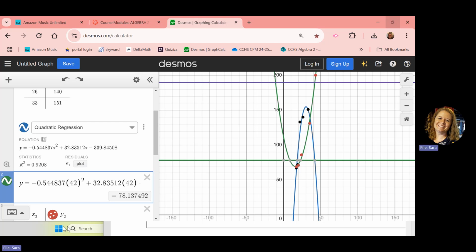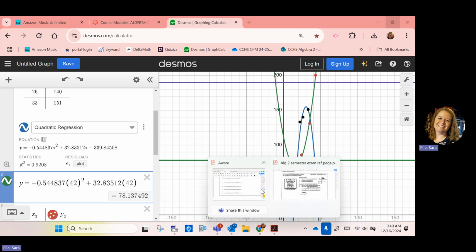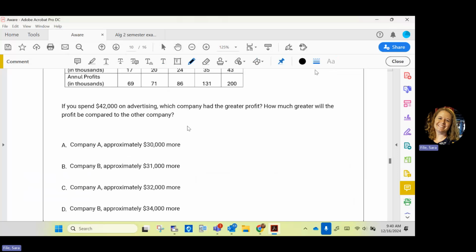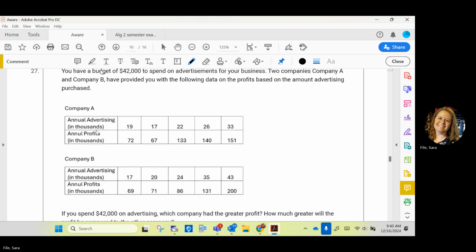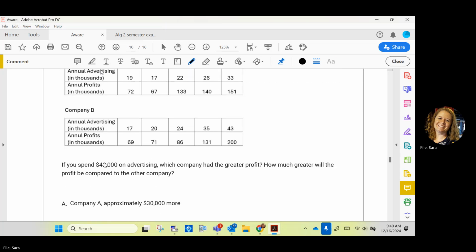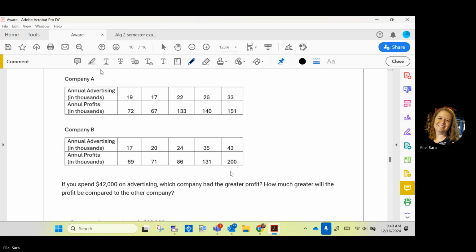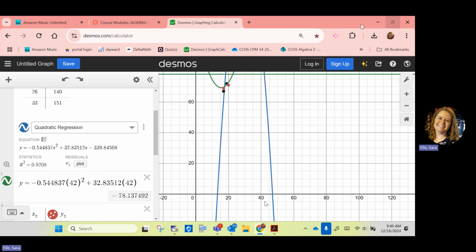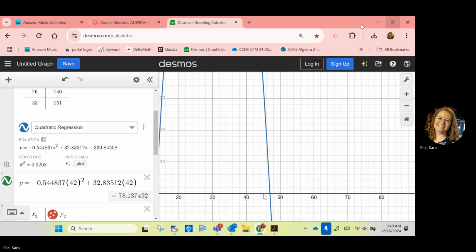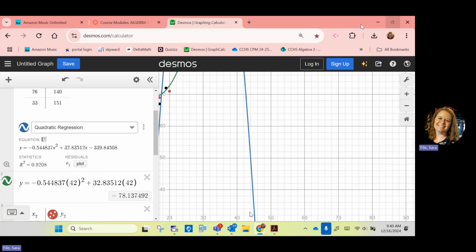Let's see, did they specify anything different to be rounding to? Maybe we used too many decimal places. I don't think it would make that huge of a difference. Those graphs too. So 42 and here.